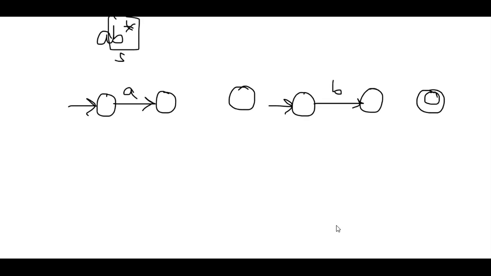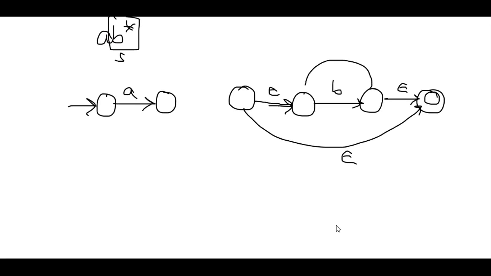Okay. So we are going to connect these two. Then I'm going to connect this with the final state, for 0 repetition, and for more than 1 repetition. I have epsilon here.